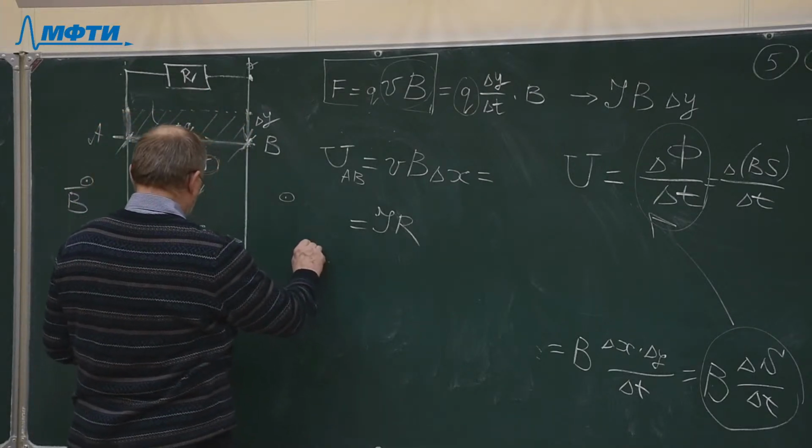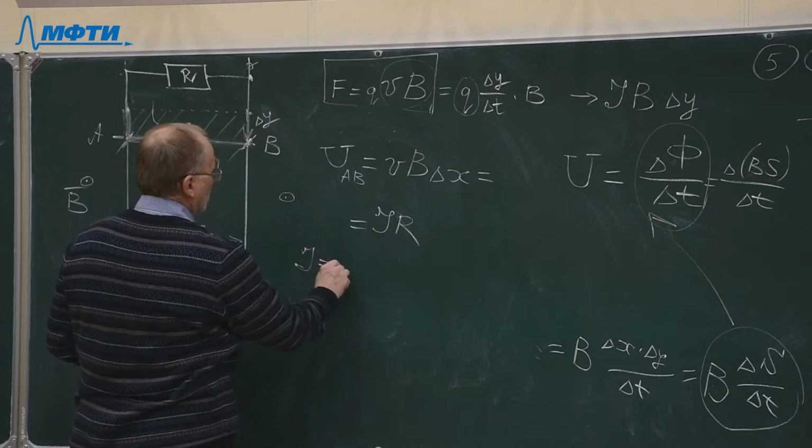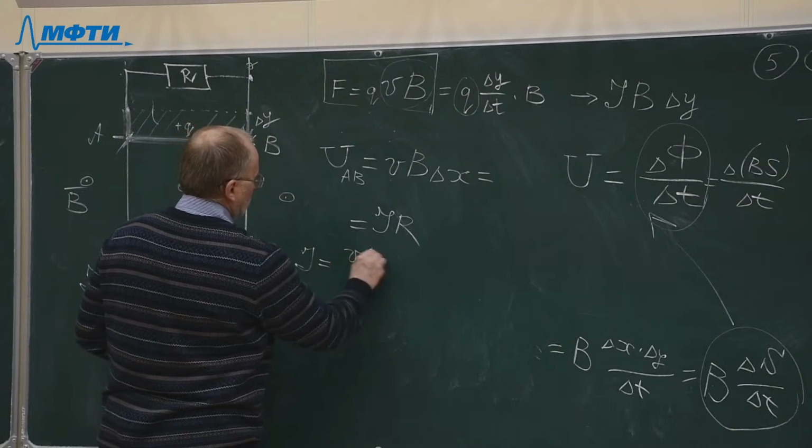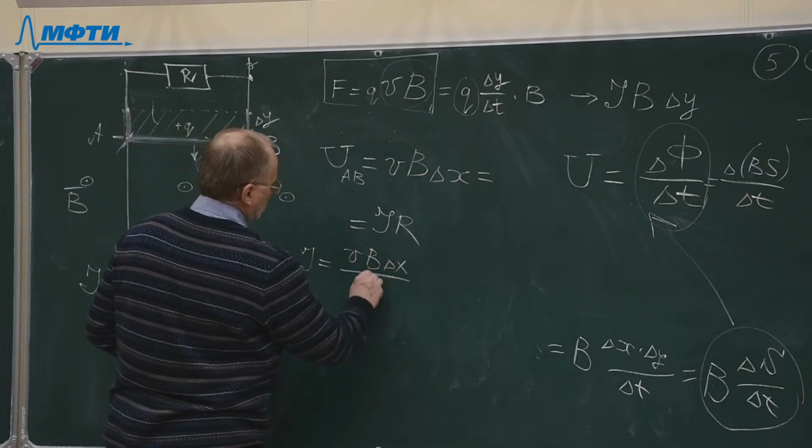And so the current can be found from here as the VB delta x divided by R.